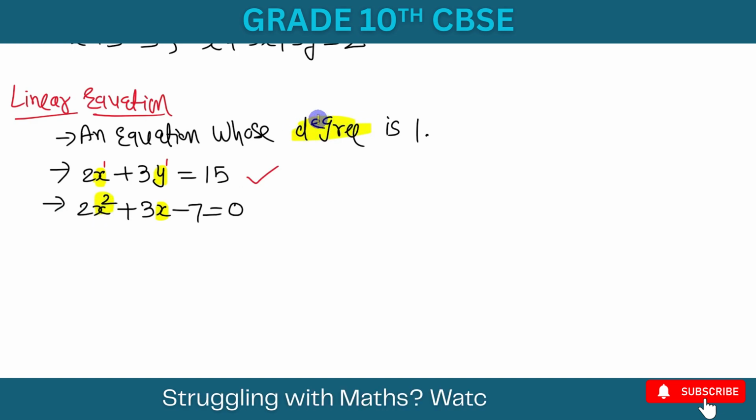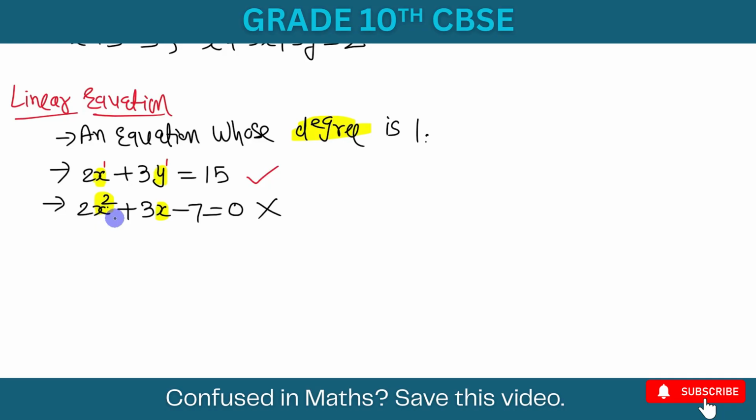But in the second example, x is a variable, here x power is 1, here x power is 2. Degree means highest power of variable, so very clearly the highest power of variable here is 2, which is not 1. That's why this is not a linear equation. This is called quadratic equation. But now we are talking about linear equations. An equation whose degree is 1 is called linear equation.